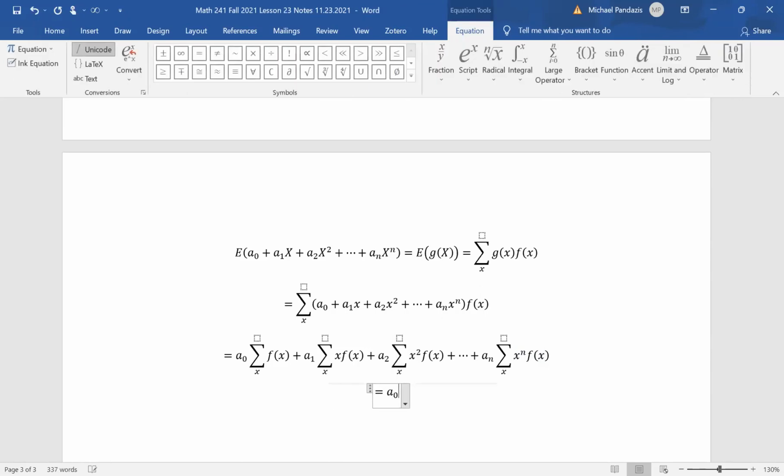This is equal to a naught, because if you take the sum over all possible values of X of F of X, this sum is 1. So you get a naught times 1, which is a naught, plus a1 times E of X, because this sum is E of X, plus a2 E of X squared, since summing X squared F of X is the expected value of X squared, plus dot dot dot plus a sub n E of X to the n.